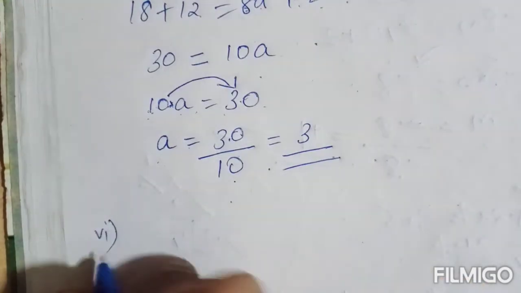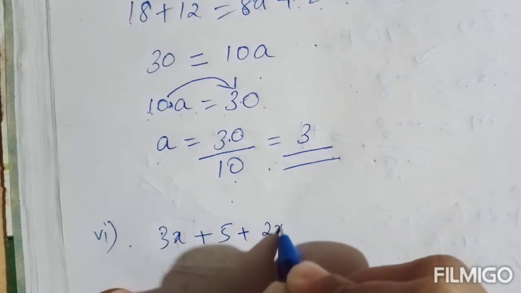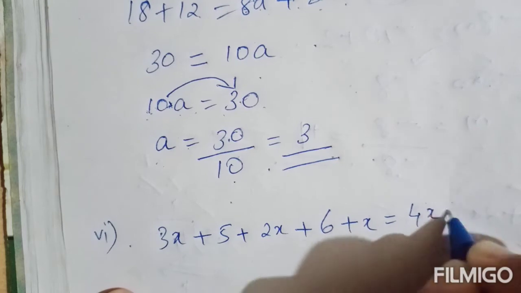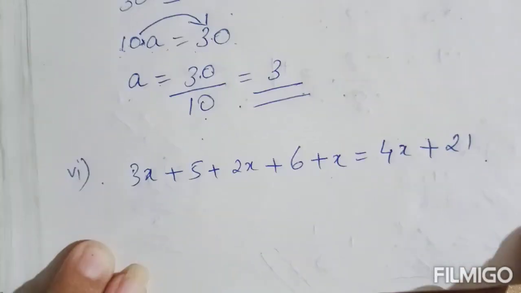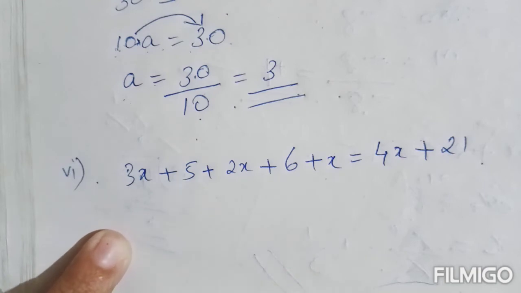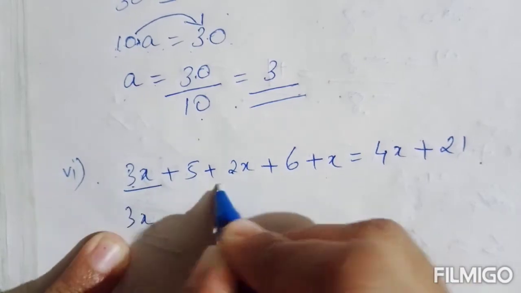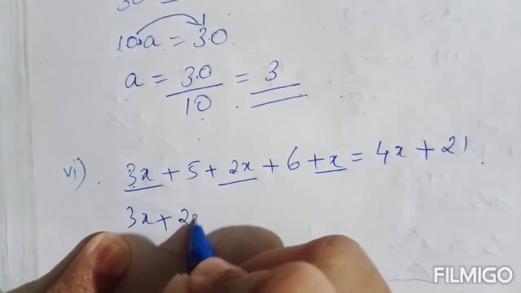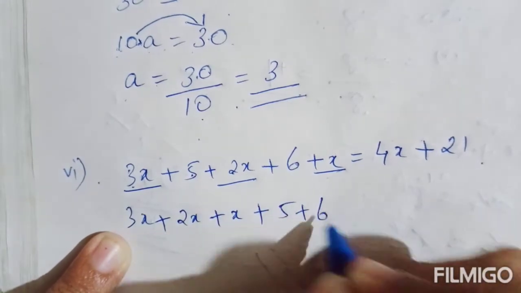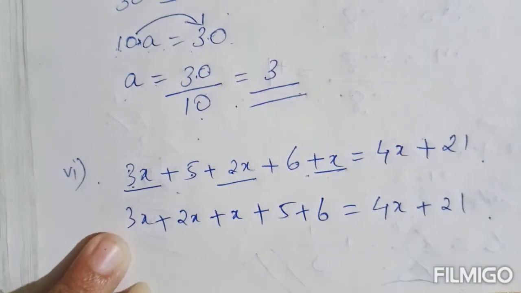In that sixth one, 3x plus 5 plus 2x plus 6 plus x equal to 4x plus 21. So we can see many like terms here that we can group together. 3x plus 2x plus x, and 5 plus 6, we can write together, equal to 4x plus 21.